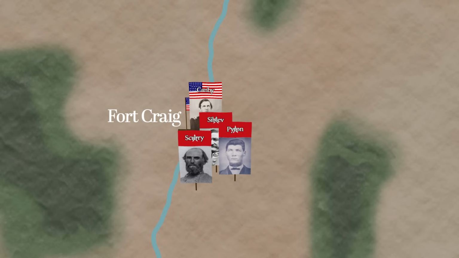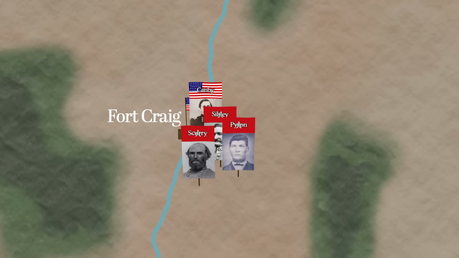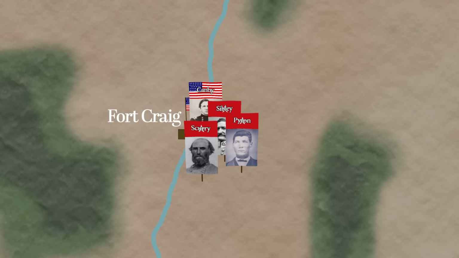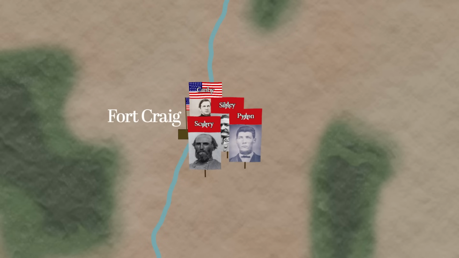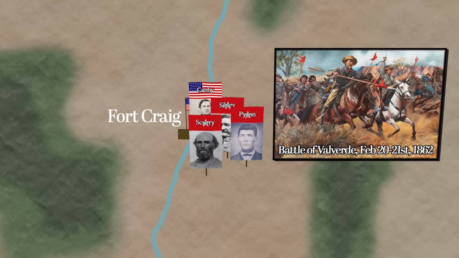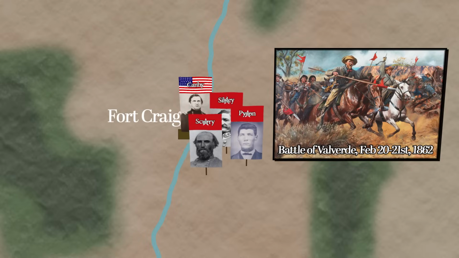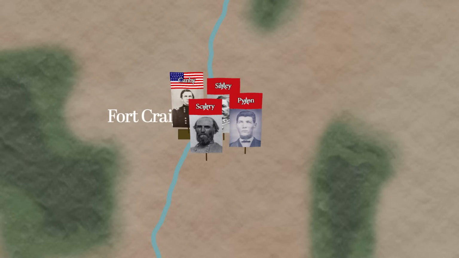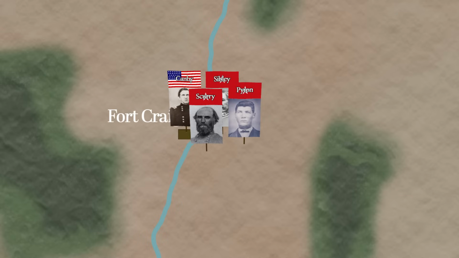Colonel Canby's Federal Department of New Mexico and Brigadier General Sibley's Army of New Mexico first meet in action at the Battle of Valverde, or Battle of Valverde Ford, on February 20th to 21st, 1862. Sibley's army wins a tactical victory at this battle. However, Valverde is a strategic failure for the Confederates.